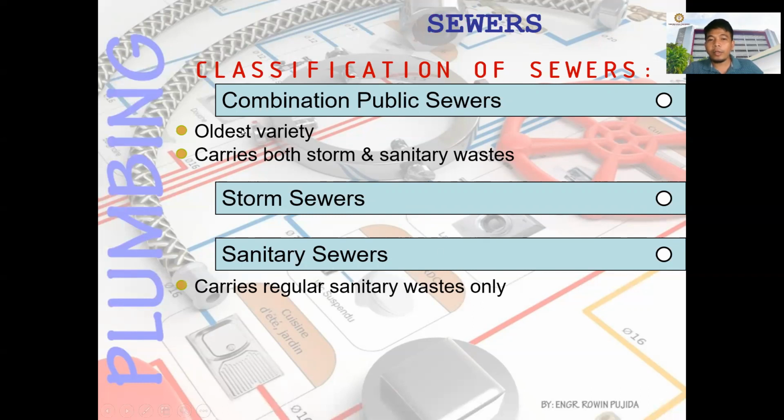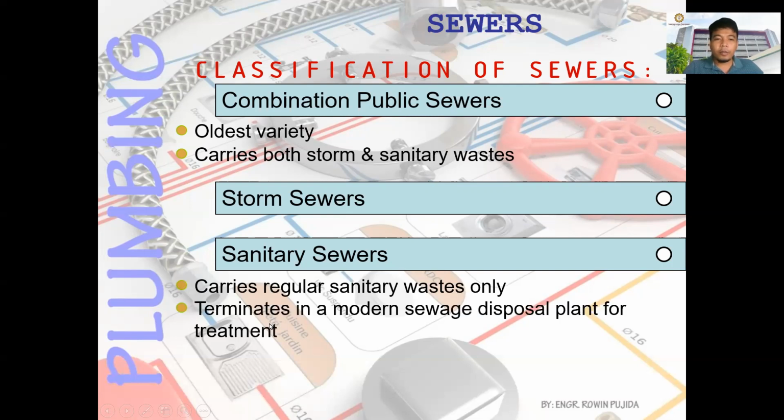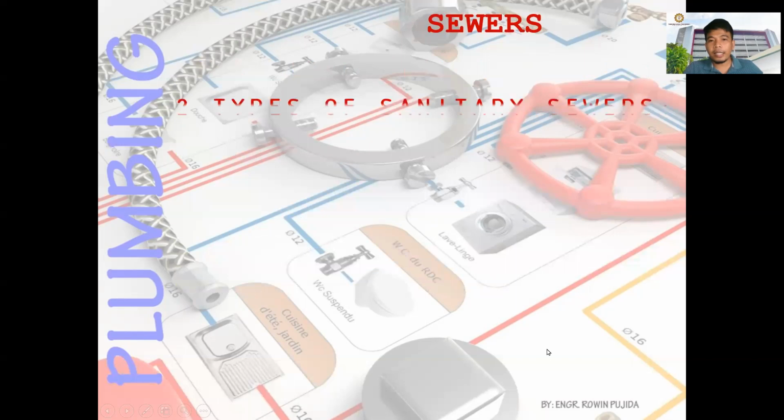For the storm water system, you also have the combination storm water, and then the storm or the individual, and then the natural. But for the sewer, you have the combination public sewer, storm sewers, and the sanitary sewers. Also, sanitary sewers terminate in a modern sewage disposal treatment plant. Okay. And built at a depth of 3 meters for tributaries.